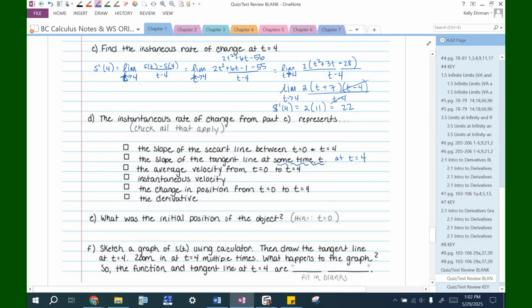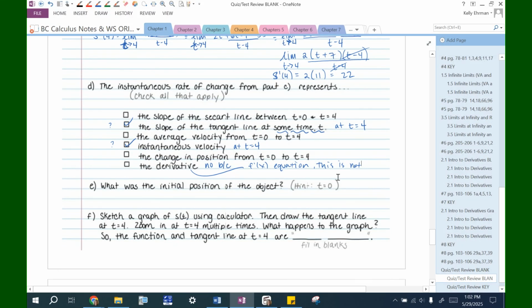Average velocity? No. Instantaneous velocity at t equals 4? So these two, the wording's weird, but okay. The change in position? No. The derivative? This is no because the derivative implies an f prime of x equation, and this is not. This is just the number at 4.